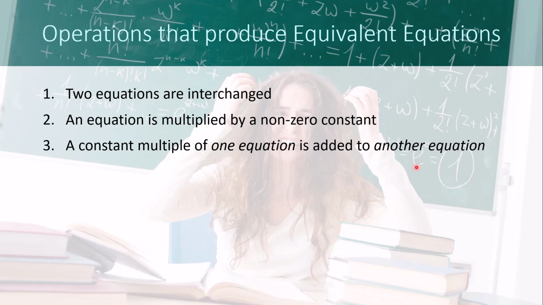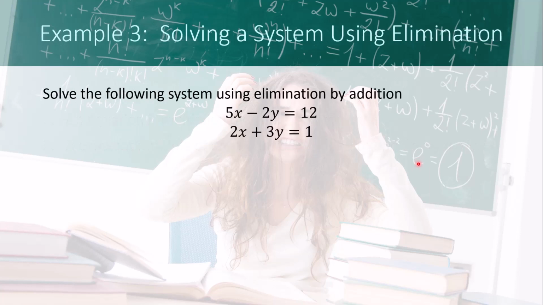So how does all this stuff work? Well, I'm glad you asked, because I'm going to show you. Here we need to solve this system of linear equations by addition. Now what we want to do is we want to come up with equivalent equations that when we add them together will remove one of the variables. And notice here that I have negative 2y and I have positive 3y.